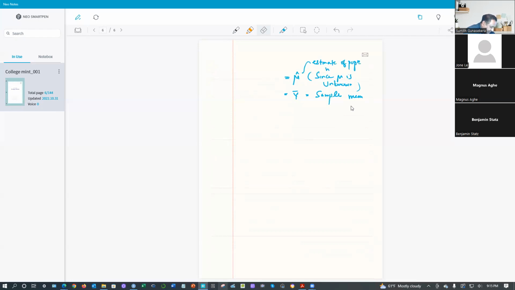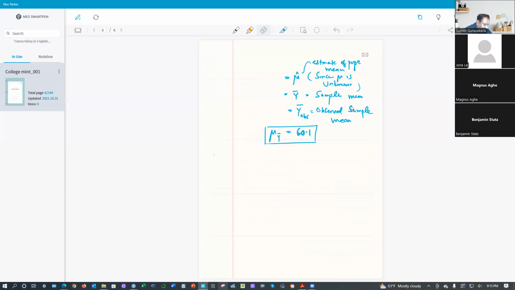This can be replaced by Y bar obs, the observed sample mean. That is nothing but 60.1. That's how we got the center. So the bottom line, in this case, mu Y bar is 60.1.